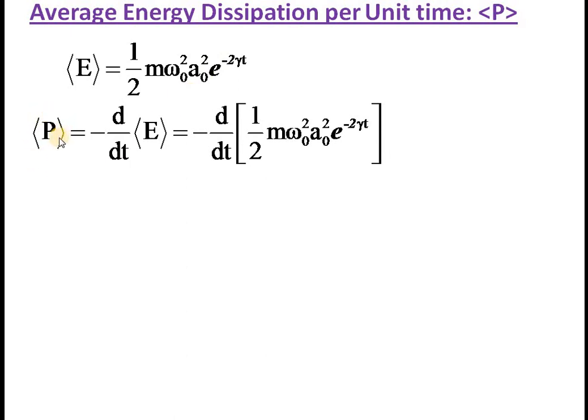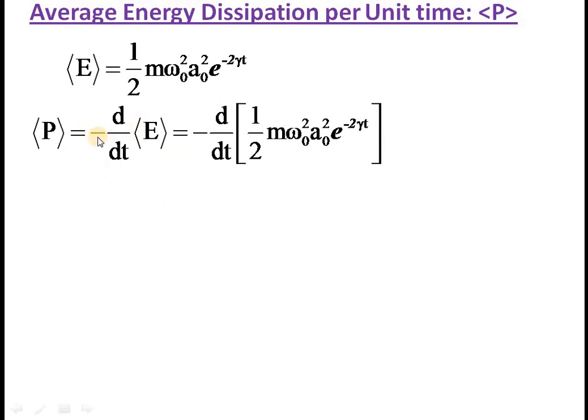So average energy loss is taken as average of P. Just like you make a relation between energy and power, power is equal to rate of change of energy, isn't it? You have studied it in your school days. So here also power is lost, so we are putting a minus sign here.